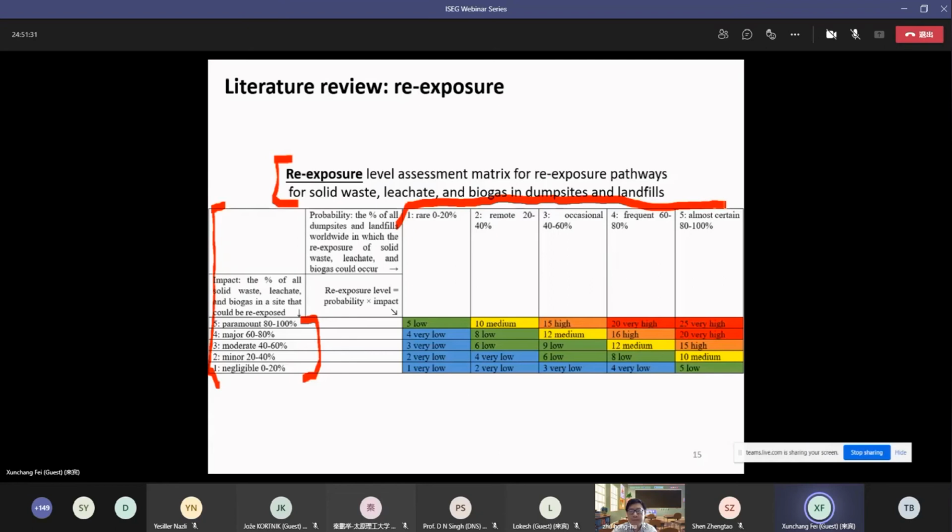So we give them some levels and scores, and if we combine the probability versus the impact, we can come up with a risk level or a re-exposure level or re-exposure score. The lower the score, the safer we are. The higher the score, the more likely it is going to happen and the more major impact it will have on the environment.